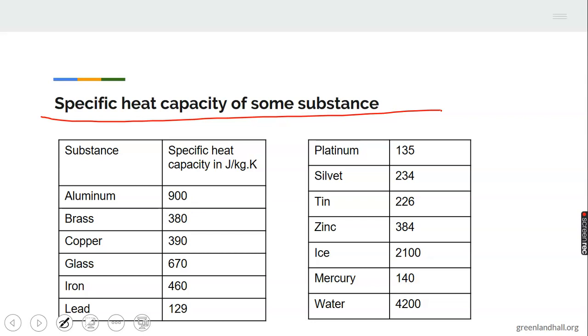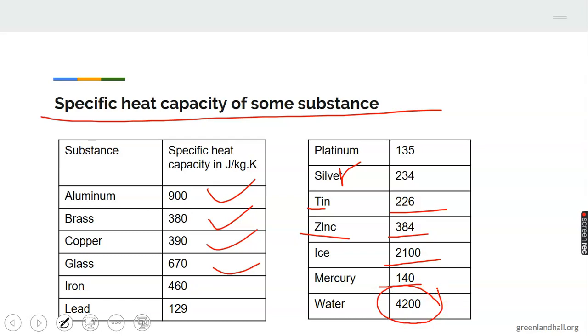You can see aluminum has 900, brass has 380, copper has 390, glass is 670, iron 460, lead 129, platinum 135, silver is 234, tin is 226, zinc is 384, ice is 2100, mercury is 140, and water is 4200.